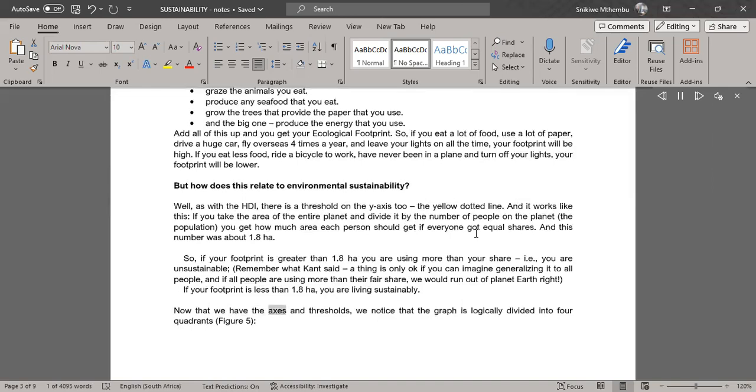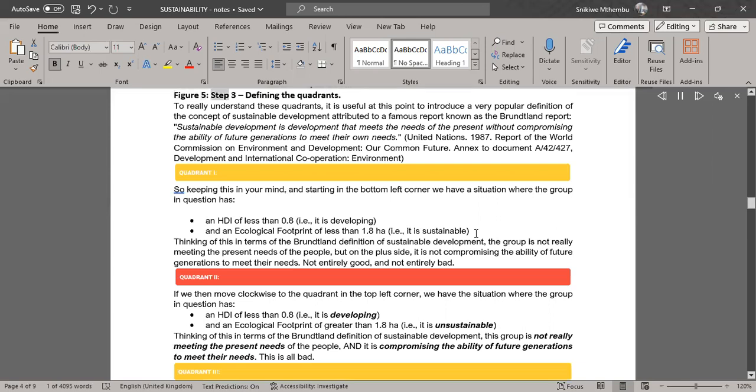Now that we have the axes and thresholds, we notice that the graph is logically divided into 4 quadrants, Figure 5. Figure 5, Step 3, Defining the quadrants. To really understand these quadrants, it is useful at this point to introduce a very popular definition of the concept of sustainable development attributed to a famous report known as the Brundtland Report.